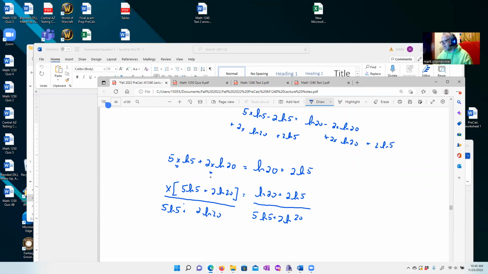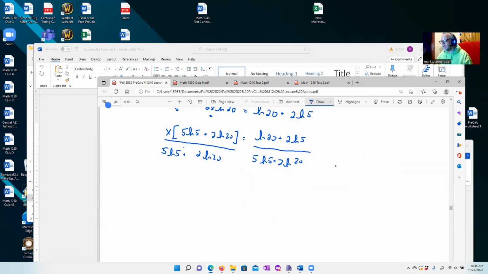And our problem here is x equals ln 20 plus 2 ln 5, all divided by 5 ln 5 plus 2 ln 20. Sorry, I'm writing at an extreme slant; I probably should have tilted my board in a better way.